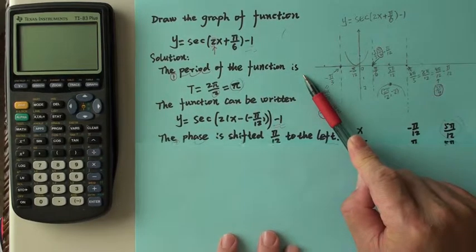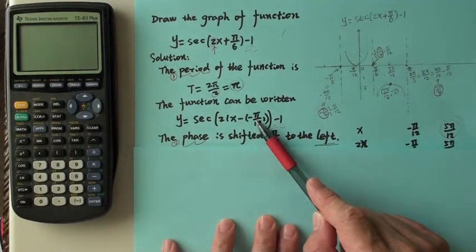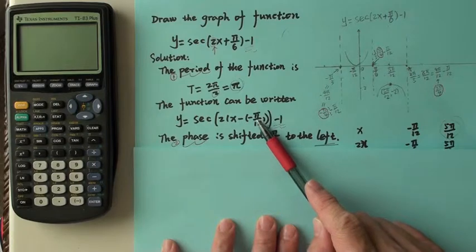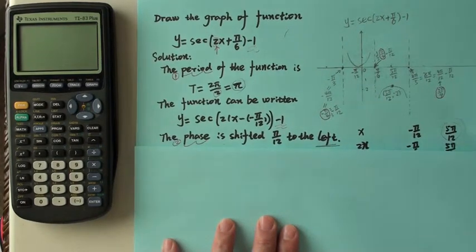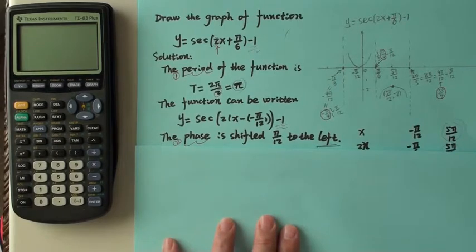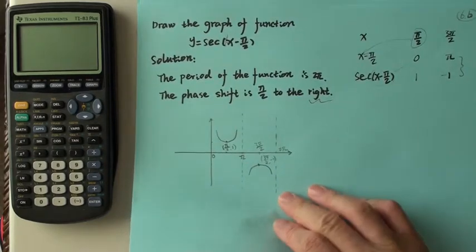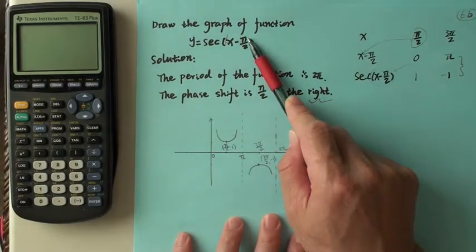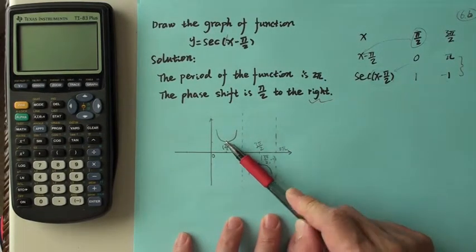The reason I wrote it in this way is that it's minus a negative number, which means the phase will shift in the negative direction. Previously, if it was minus a positive number, then it would shift in the positive direction. You see down here, this example is minus pi over 2, minus a positive number, so the point was shifted from here to here.